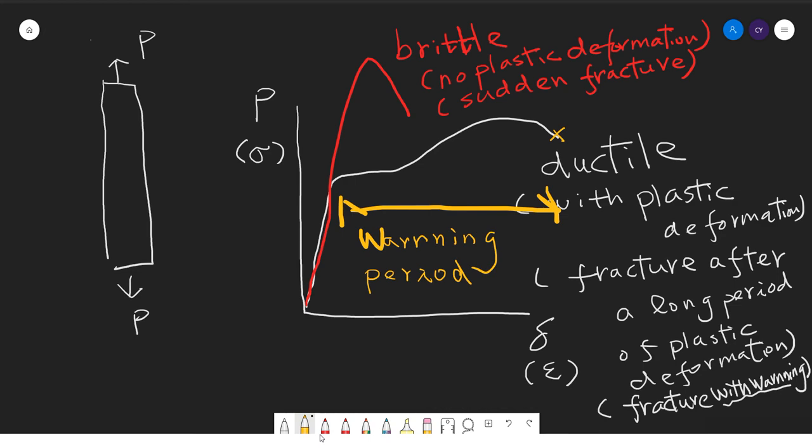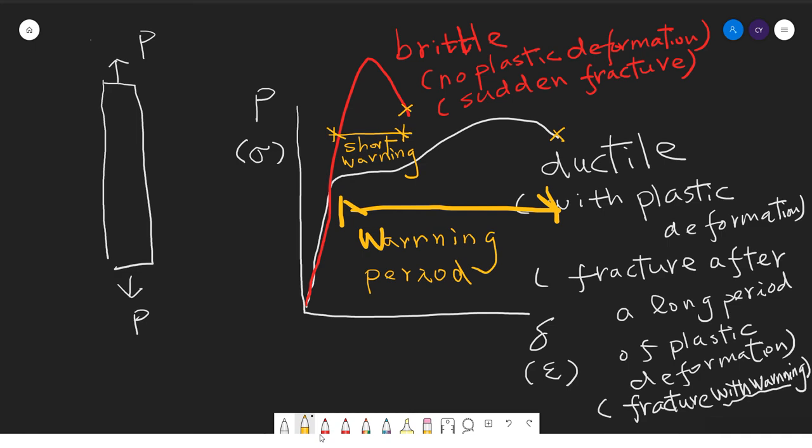But for this case, it's a fracture, and it's a very short warning, very short. So you don't have enough time to escape. That means when the building collapses, if this material is brittle, it's not easy to escape.